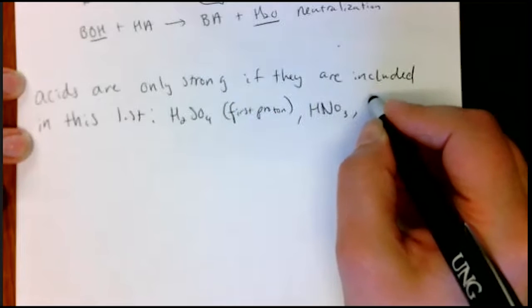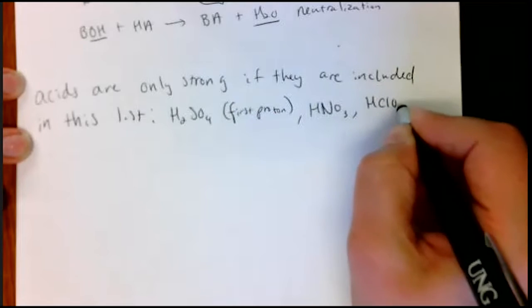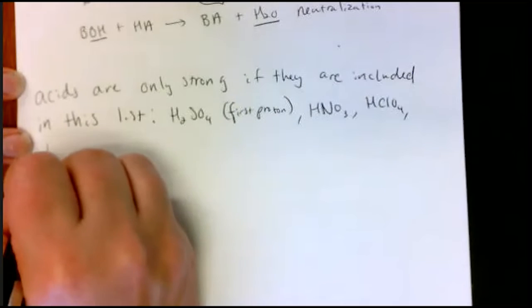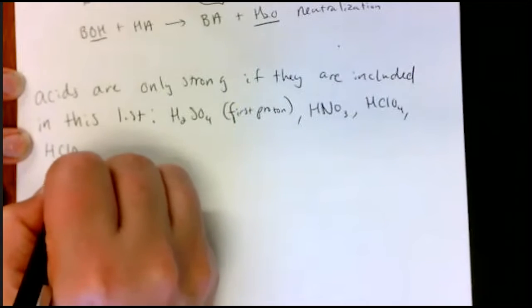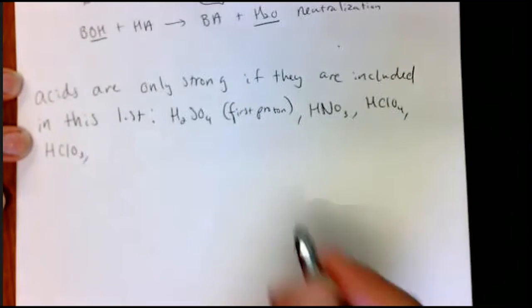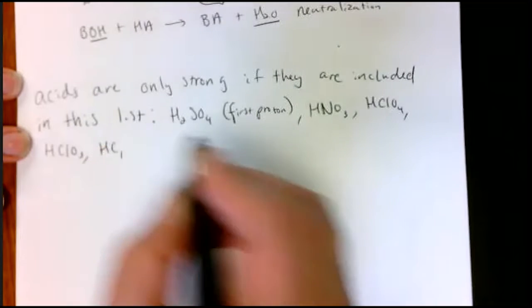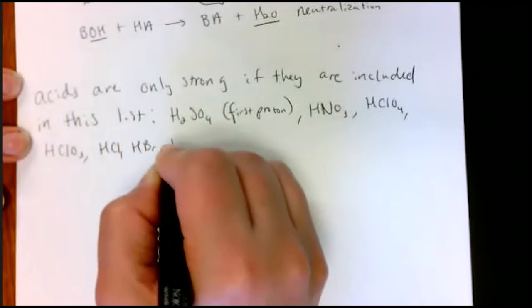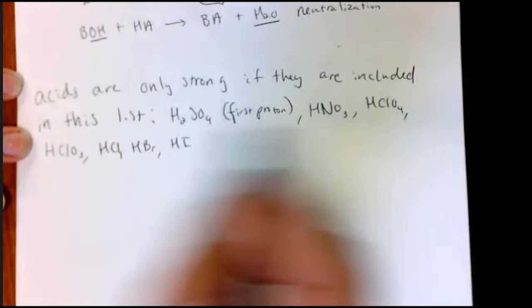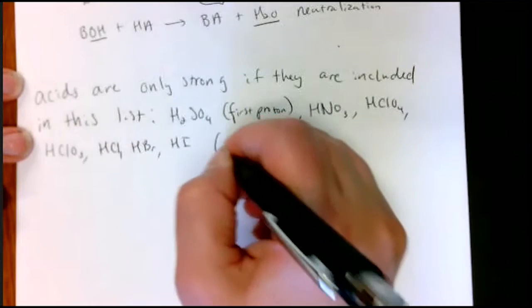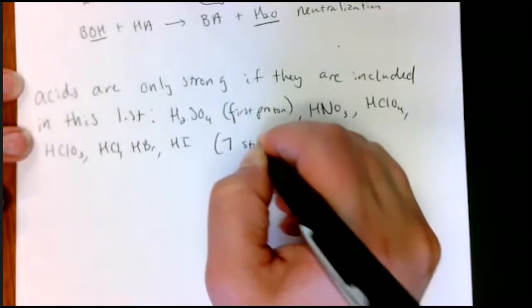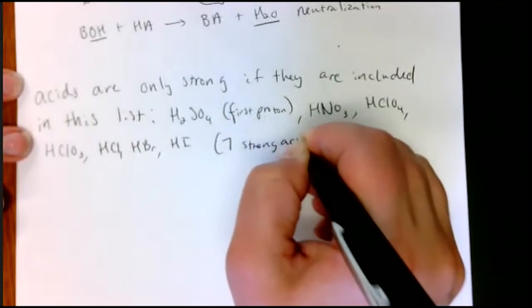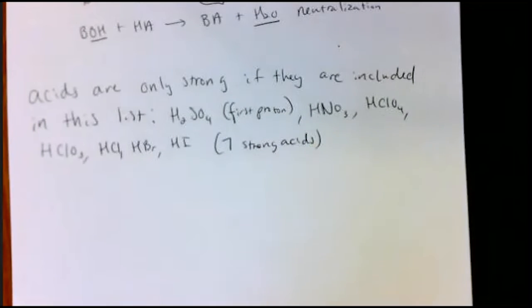HClO4. HClO3. HCl. HBr. HI. So there are 7 strong acids, and you guys will be required to memorize those.